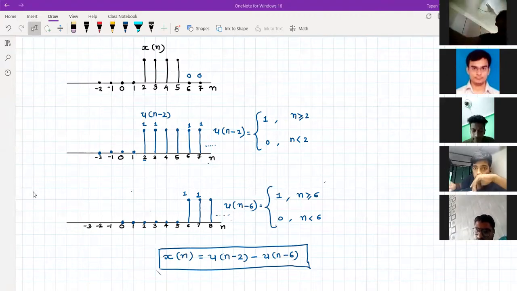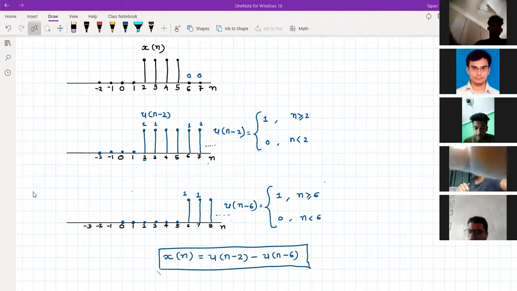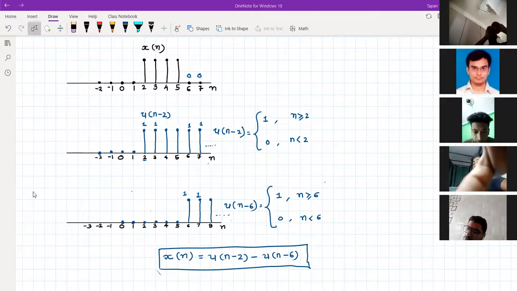In examination, if you draw this properly and explain, then certainly you will get 3 marks in 5 minutes. Sir, it is taking even less than 5 minutes.